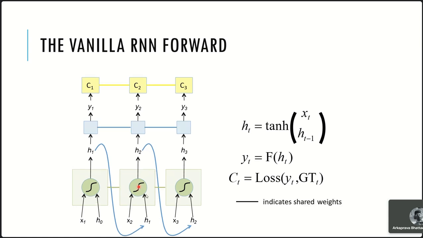These yellow, blue, green lines, all these solid lines, indicate sharing of weights. That means information is being shared among all the RNN cells. This is a major advantage of using deep learning neural networks.